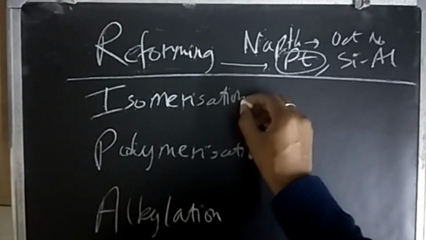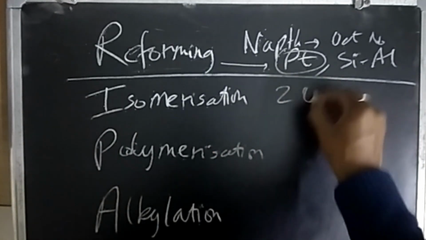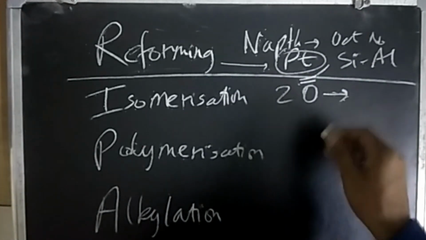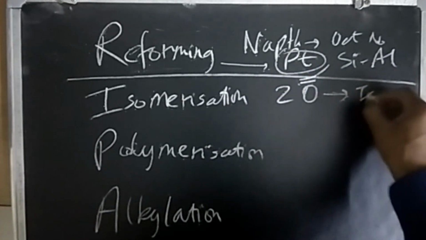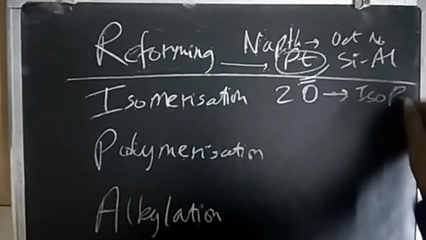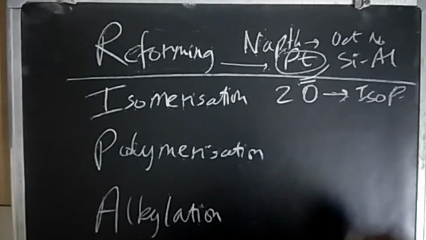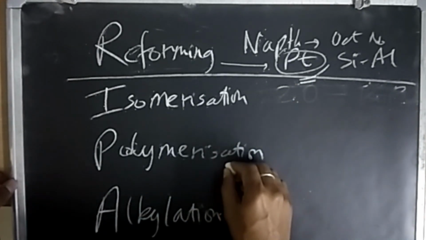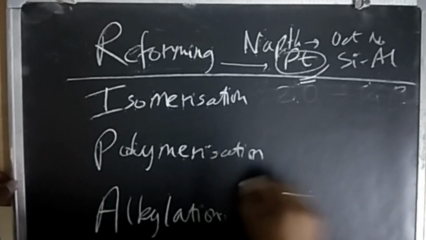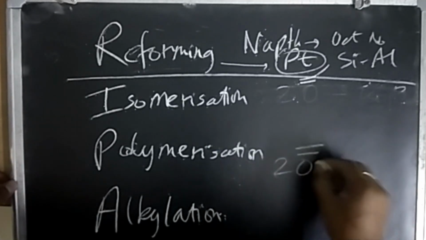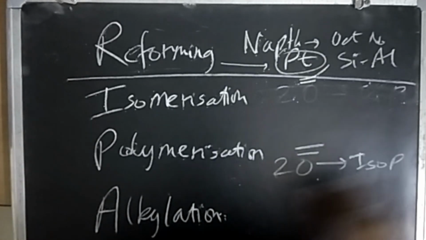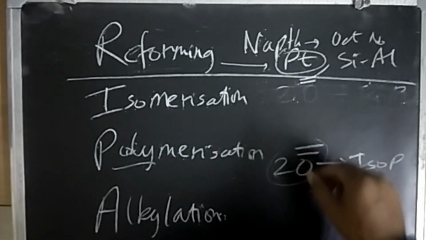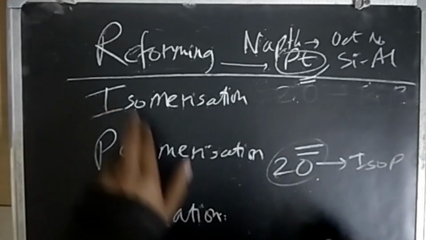Next, isomerization. Sorry, the one where two olefins combine to give some isoparaffin is polymerization.